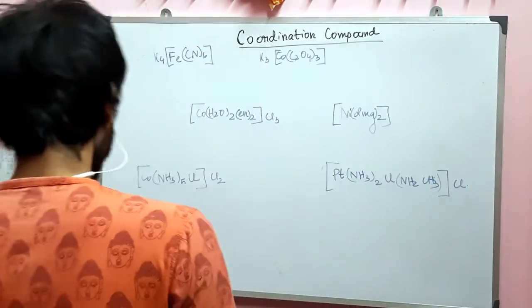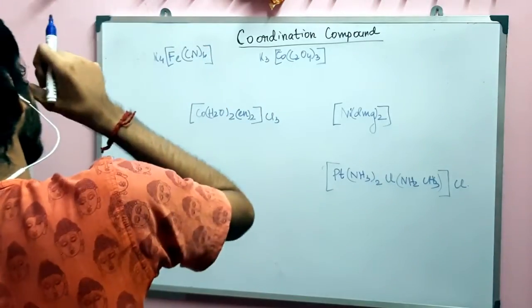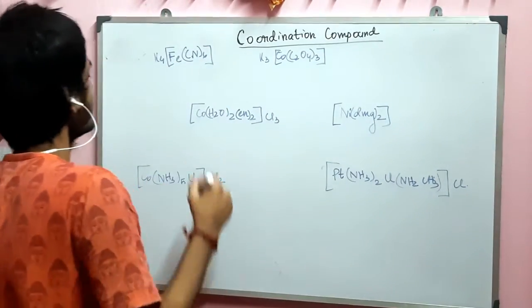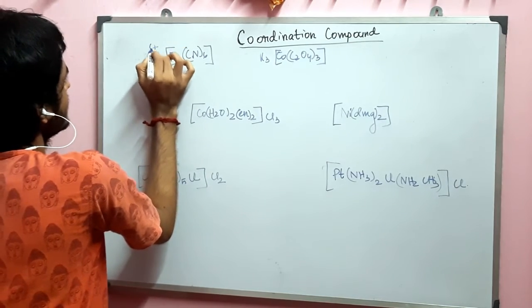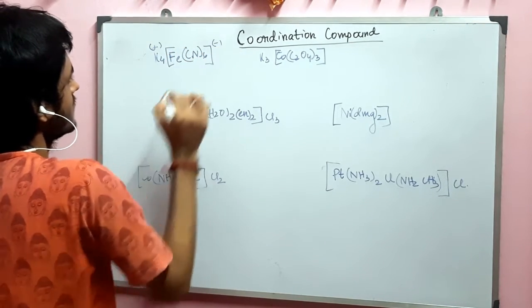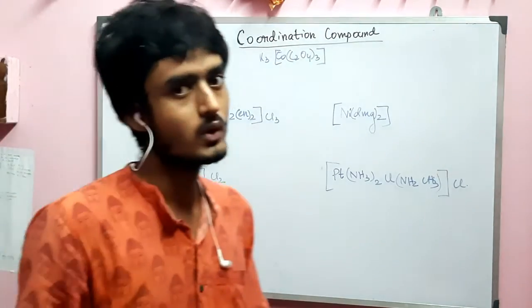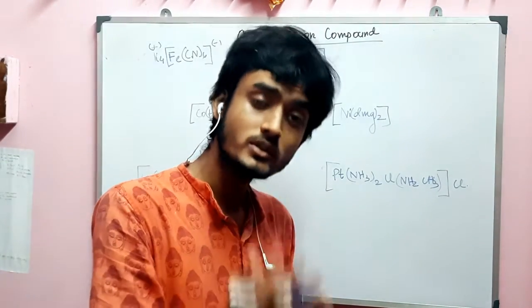Okay, so the first rule we have learned is that this potassium is positively charged and this coordination sphere is negatively charged. First we have to name the positive charge.